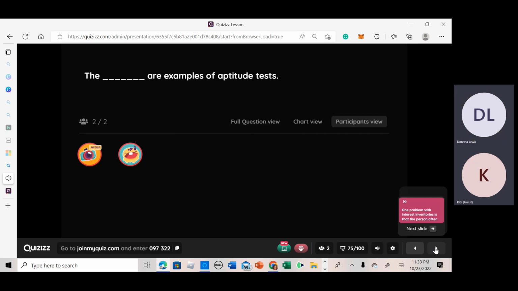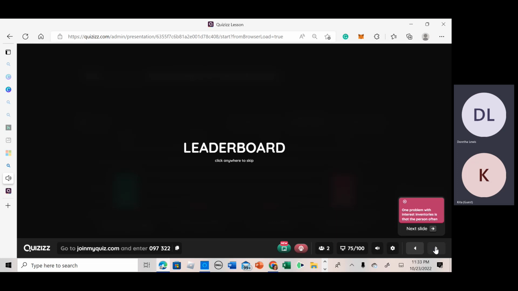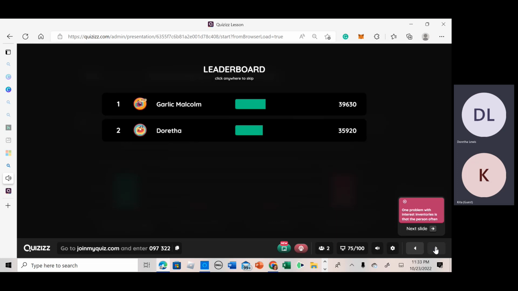The GATB, the O*NET Ability Profiler, and the MCAT are examples of aptitude tests.